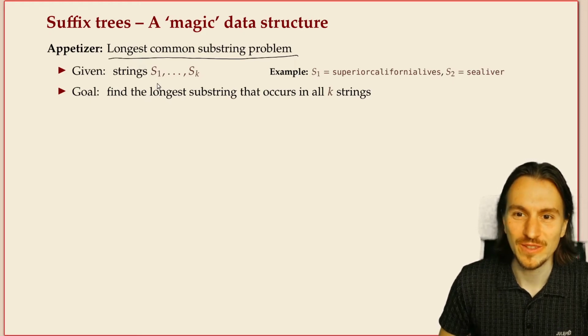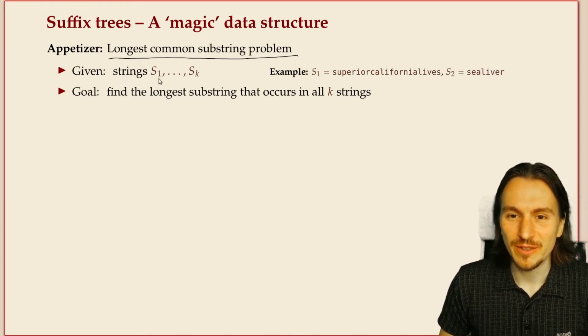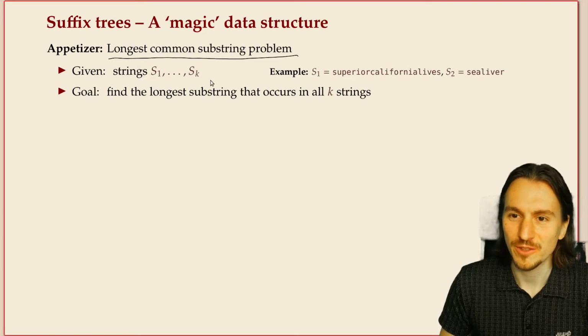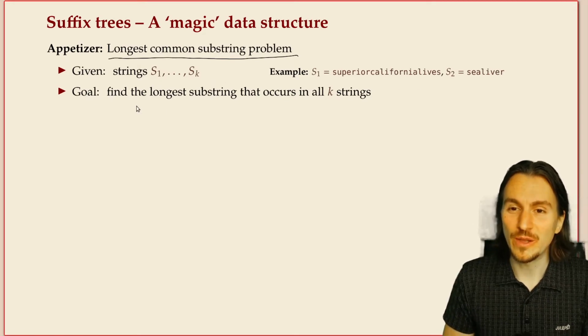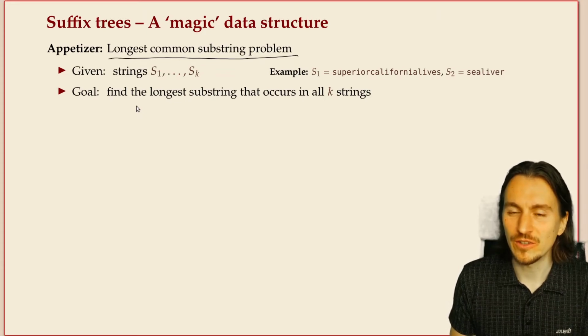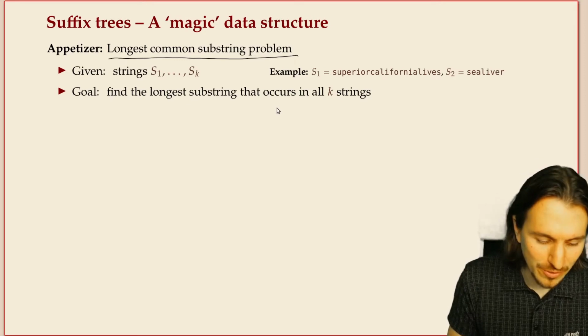in applications. So you're given a list of strings. These can be of different lengths, and they are over a common alphabet, say, but otherwise we don't have any restrictions. So here's an example. And the goal is to find the longest substring that occurs in all of these strings. So in the example here, we only have two.